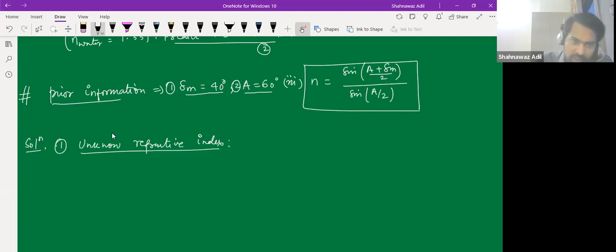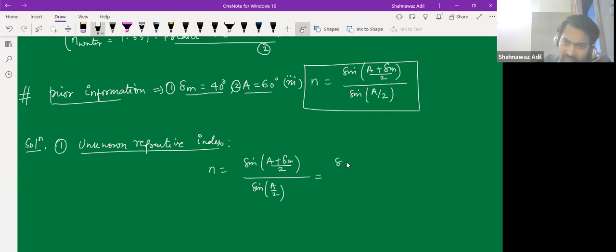And this is how much? n is sine of (A plus delta M) by 2 divided by sine of A by 2. So sine of (A plus delta M), this is how much? A is 60 and delta M is 40.